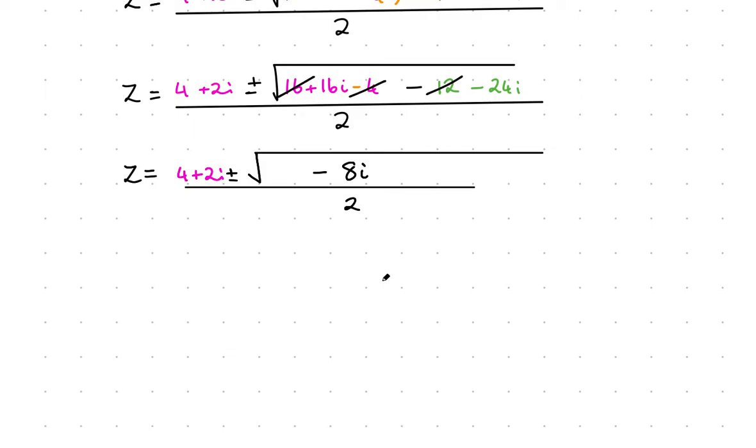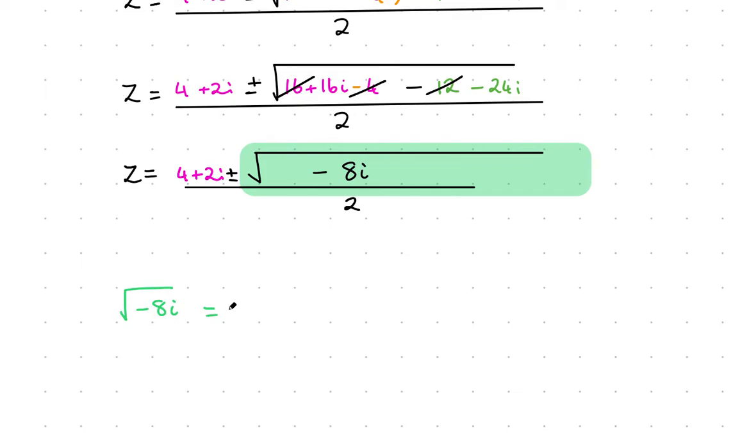What I do know about that solution is that the square root of minus 8i would work out to be some sort of complex number, right? So I know that's not going to be a nice integer, it's not going to be a nice natural number. So I'm going to write that: the square root of minus 8i works out to be some complex number.